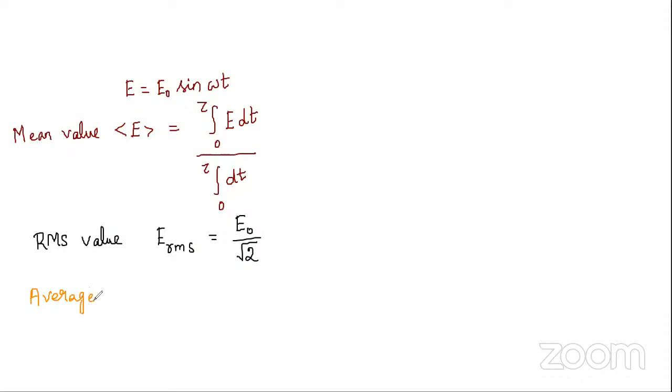The average value for one half cycle is given by E average, which is equal to 2 E naught divided by pi. So this is the average value for one half cycle.